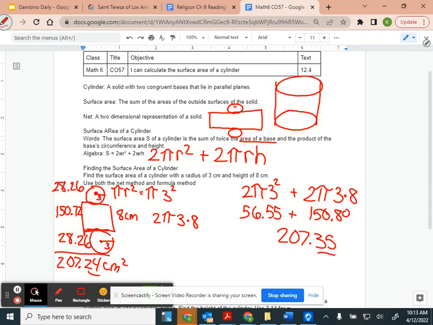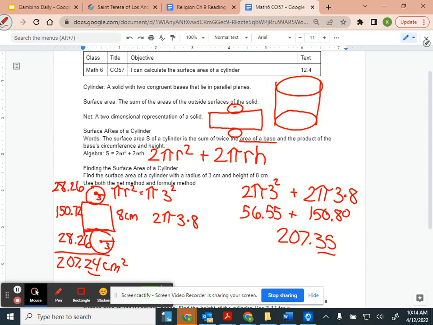Mr. Schultz would prefer that you use the pi button on the calculator. So if you don't have the pi button on your calculator, you're going to use 3.14, and you're going to have a calculator like this for next year's math. So you have to buy a better calculator for next year. It's on the supply list for next year that you have this specific calculator.